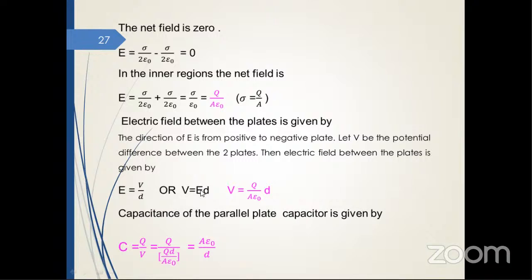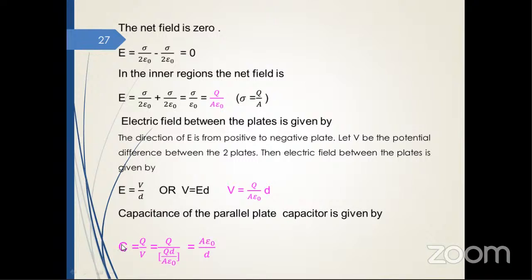So putting the value of this E, V is equal to Q divided by A epsilon naught into D. Here we obtain the equation of V. Capacitance of the parallel plate capacitor is given by C is equal to Q divided by V, the ratio of charge and potential difference. Putting V equal to Q divided by A epsilon naught into D, this Q gets cancelled, and A epsilon naught goes to the upper position.